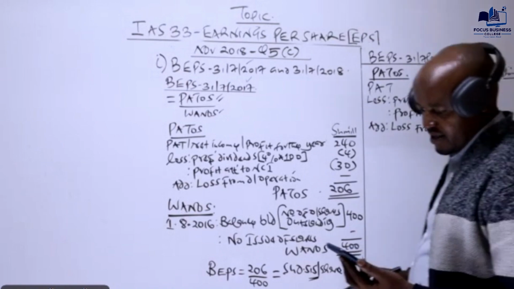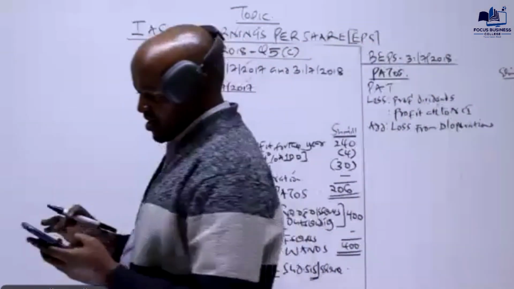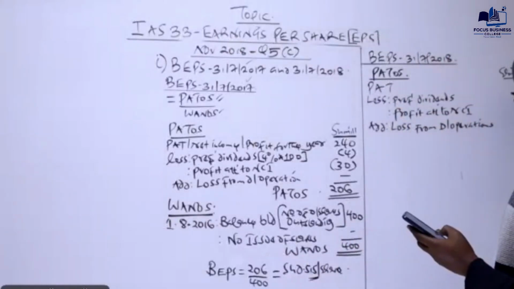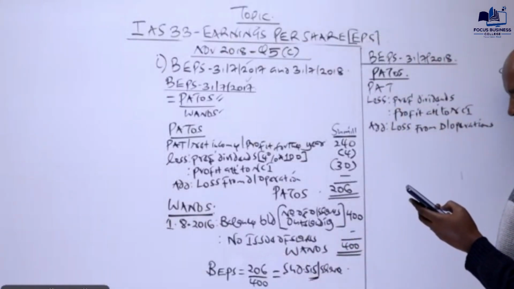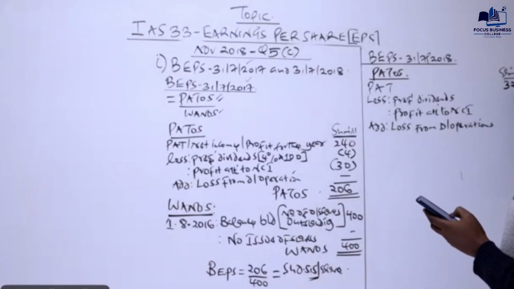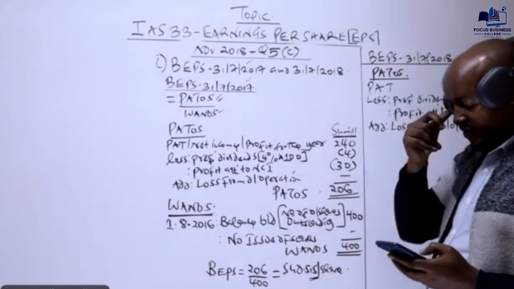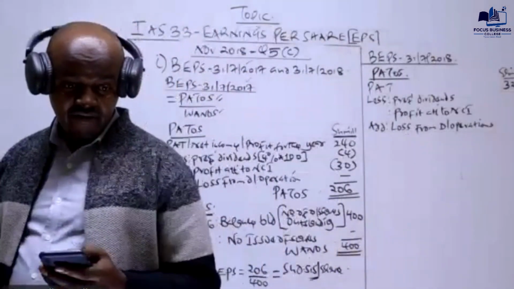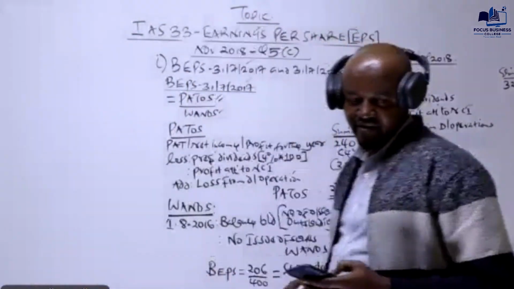So the profit after tax, we go to the information we have below paragraph 2. Profit after tax for 2018, who can see that figure? Is it 325?